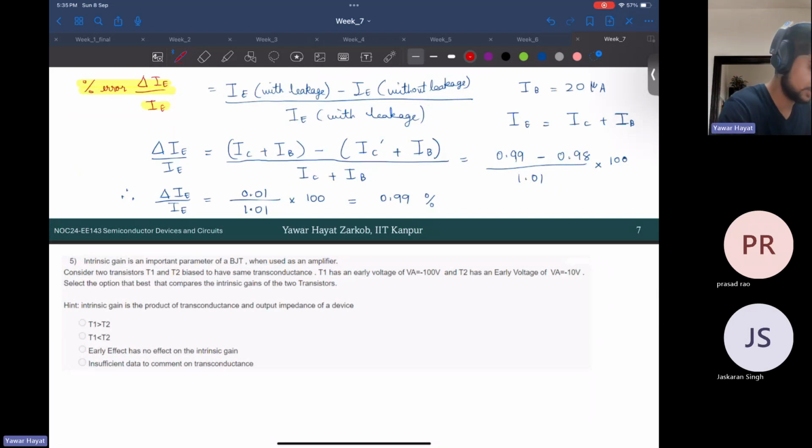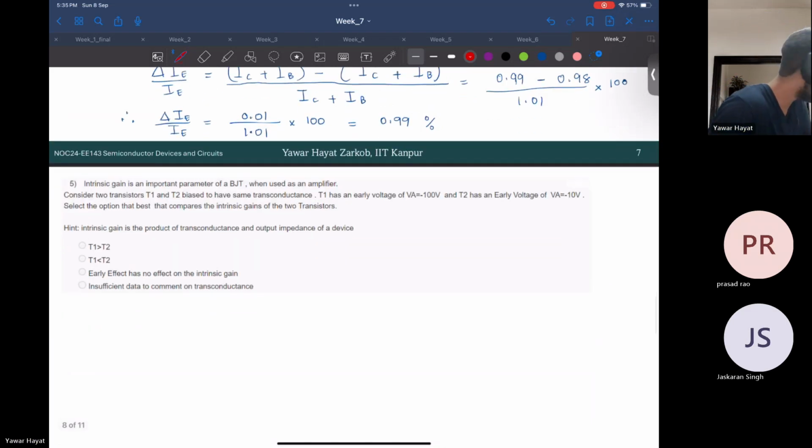Now, the question fifth. You may attempt this one. The intrinsic gain is an important parameter of a BJT when used as an amplifier. You may consider two transistors, T1 and T2, that were biased to have same transconductance.